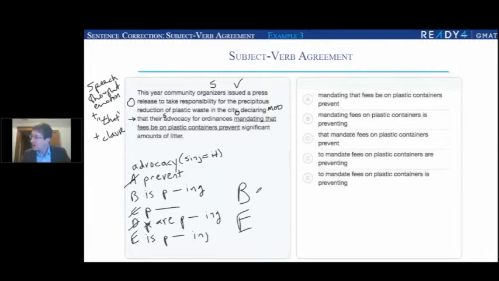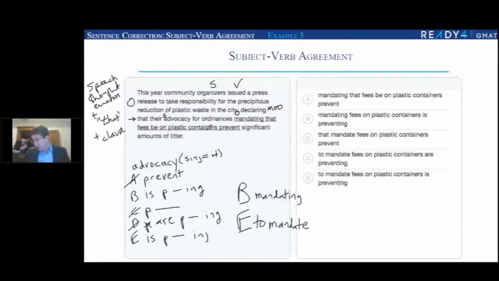Okay, so now between B and E, now you get a much closer shave. So we have mandating and to mandate. Okay, and this one's really more about the emphasis. So if you think about what's going on here, they have ordinances which mandate fees on plastic containers.